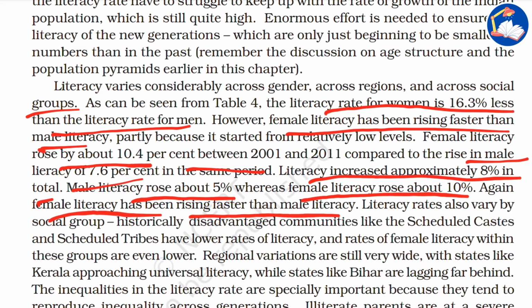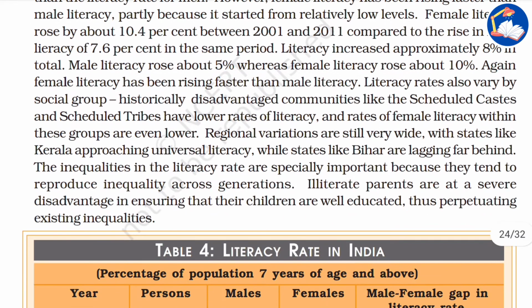Okay, literacy rates also vary by social group. Historically, disadvantaged communities like SCs and STs have lower rates of literacy, and rates of female literacy within these groups are even lower. Regional variations are still very wide, with states like Kerala approaching universal literacy, while states like Bihar are lagging far behind.